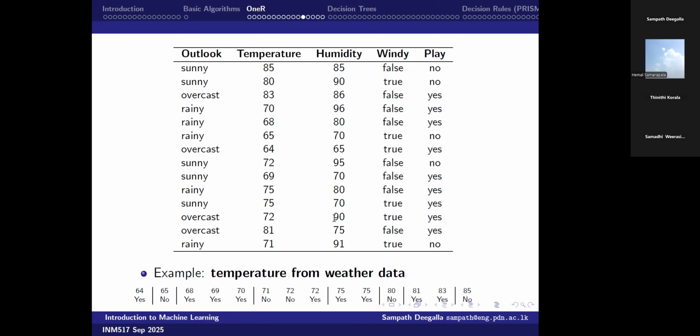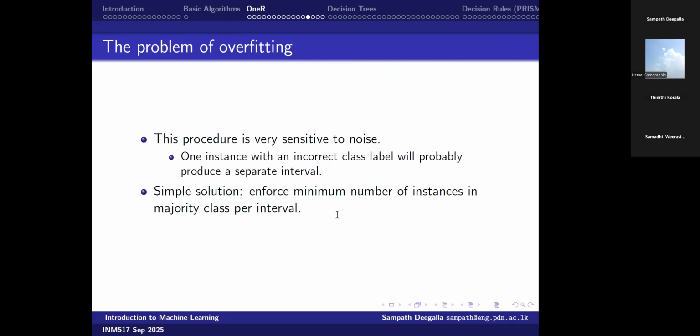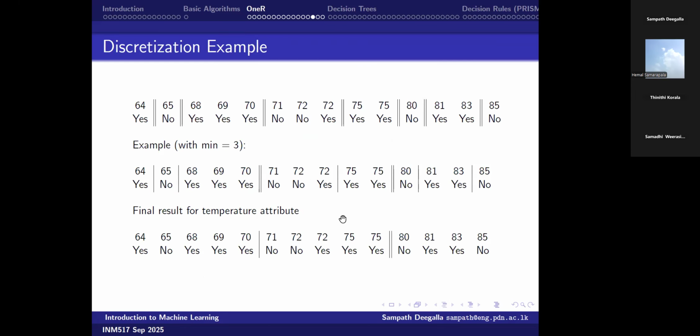Instead of that, we are going to specify that you need to have at least this many instances. In this particular case, we are going to say that you have to have at least 3.